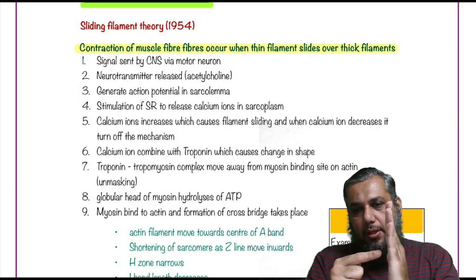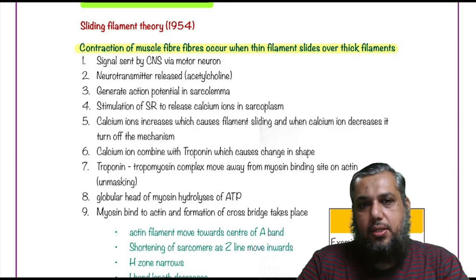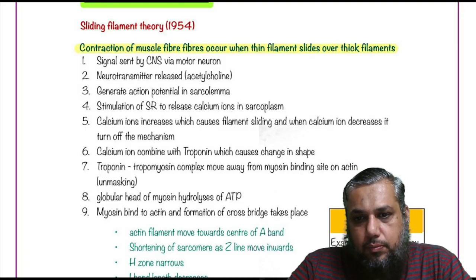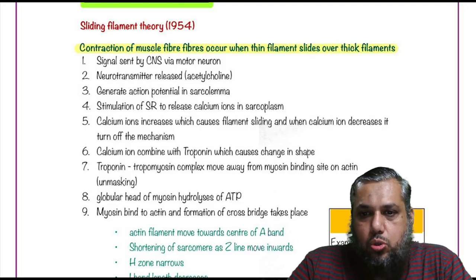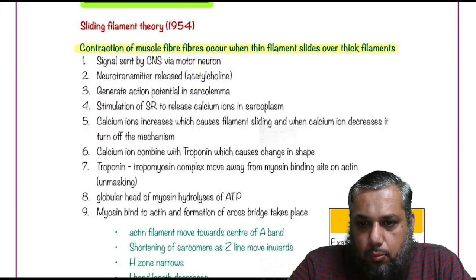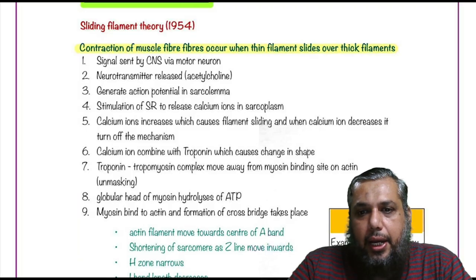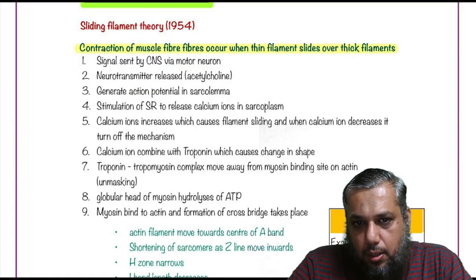Now, the axon knob and the sarcolemma together is called the NMJ, or the neuromuscular junction. So, a motor signal will come via the motor neuron of the central nervous system. It will reach the neuromuscular junction.